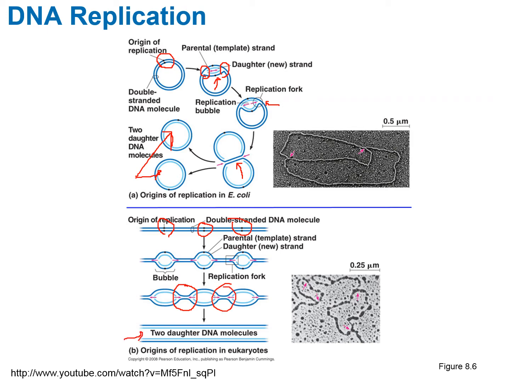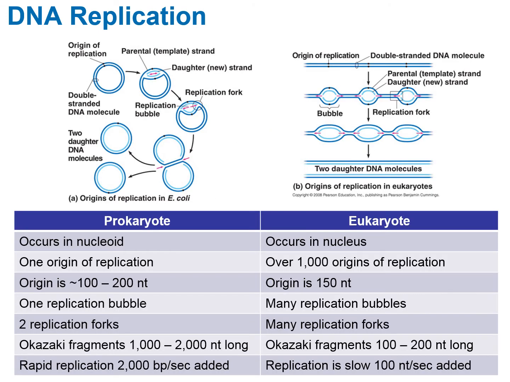So it's slightly different. A couple of other differences that we see between prokaryotic DNA replication and eukaryotic DNA replication is where replication happens. In a prokaryote, it's going to happen in the nucleoid, but in a eukaryote, it's going to happen in the nucleus.